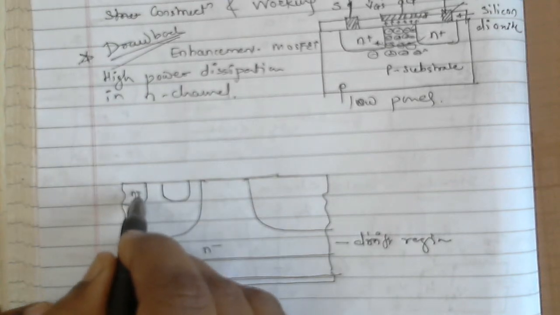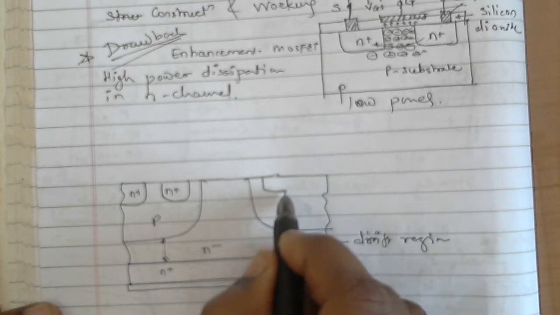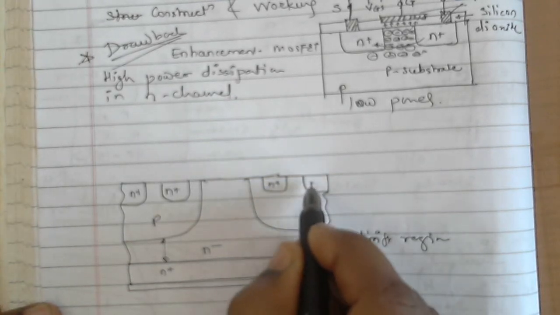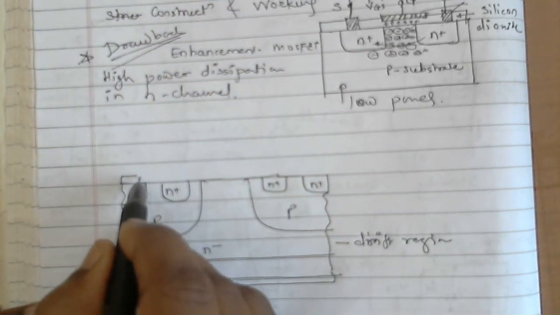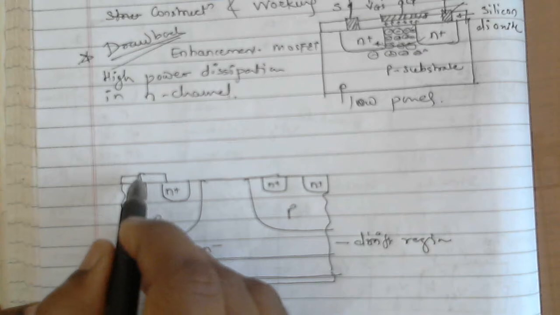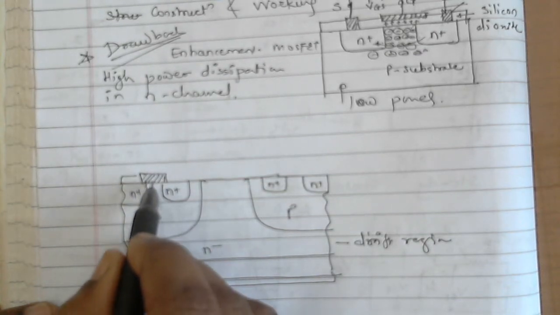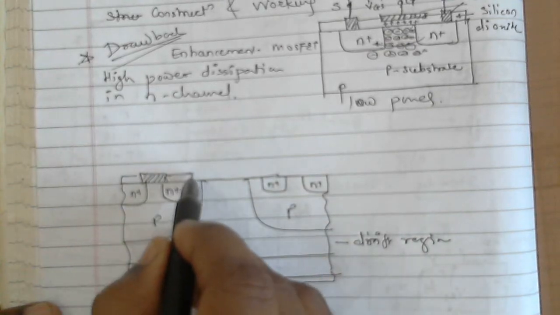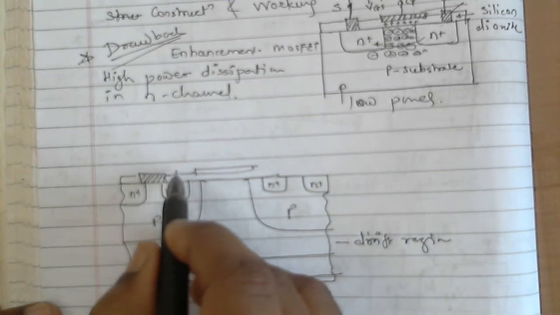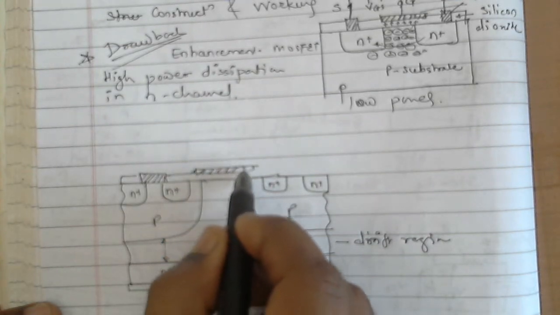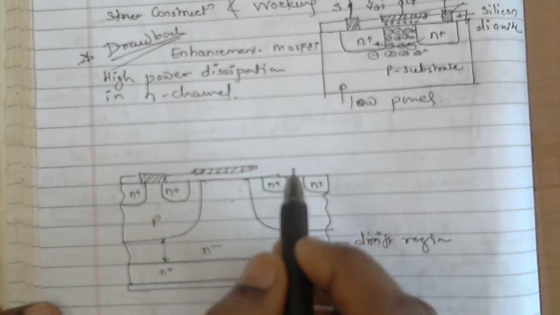Then here this is n plus region, this is n plus region, this is p. Similarly here this is n plus, this is n plus, and this is p. Now you can see that the source is attached on n plus and p, both common. Similarly, the gate is connected over p type and n type both.